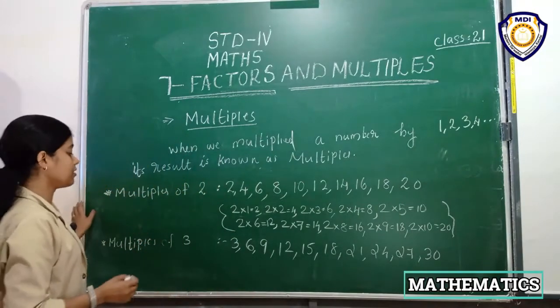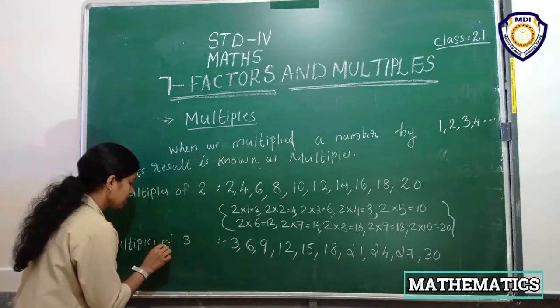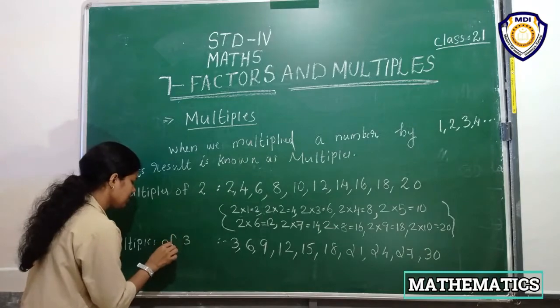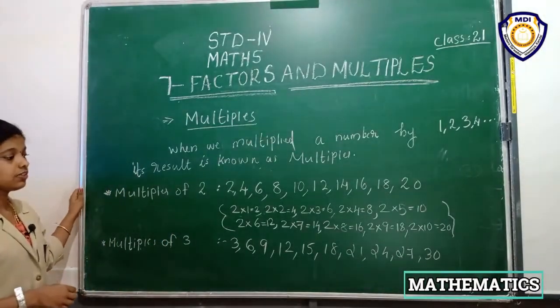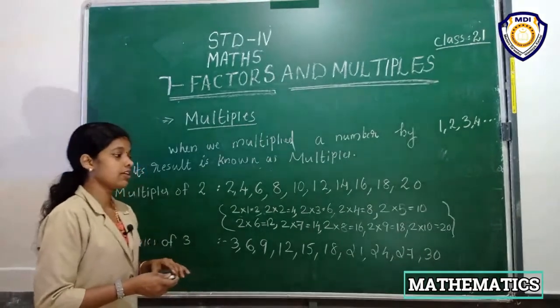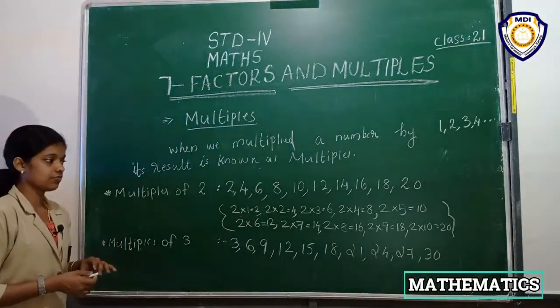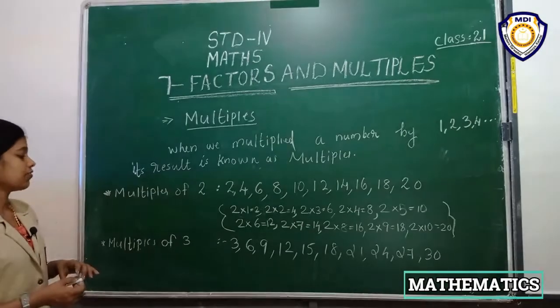Multiples of 3: 6, 9, 12, 15, 18, 21, 24, 27 and 30. Okay. Write it.